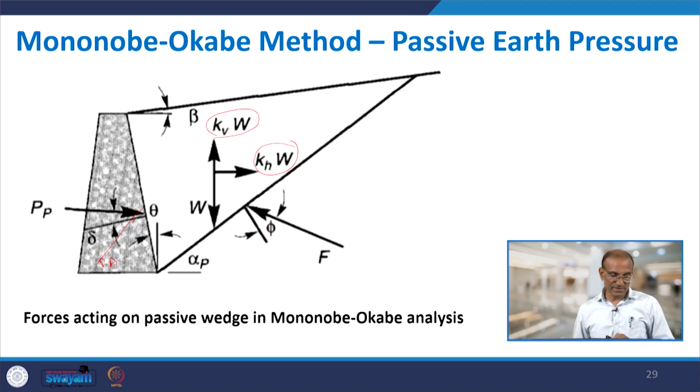So, the 5 angles here are delta, theta, beta and phi and alpha p. Delta is coming in this case, then psi is coming, theta is coming, phi is coming, beta is coming. So, all 5 are involved here in calculating alpha PE. So, alpha PE is calculated from this.